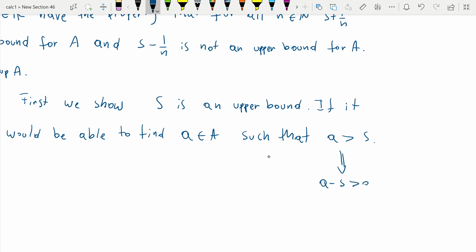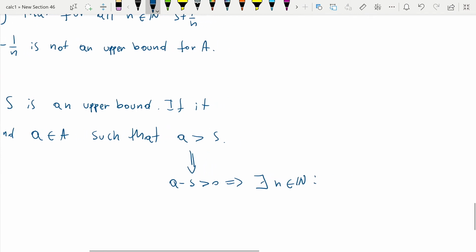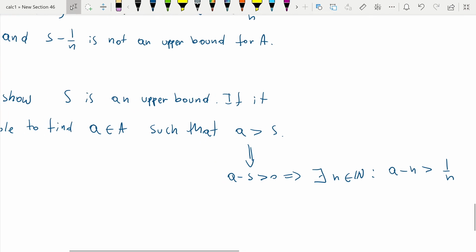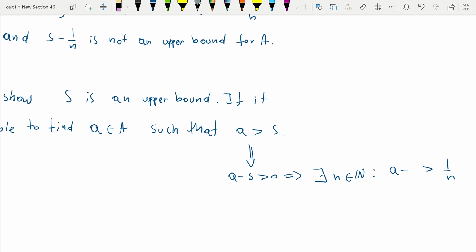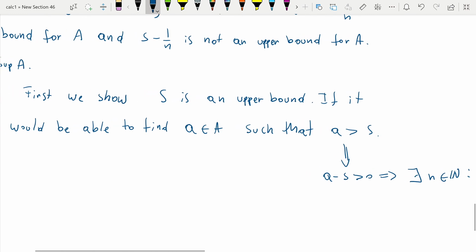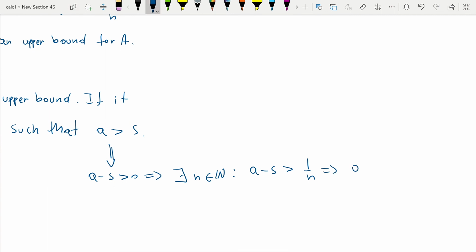By the Archimedean property, this implies there exists some n in N such that a minus S is bigger than 1 over n. But then this implies that a is bigger than S plus 1 over n.